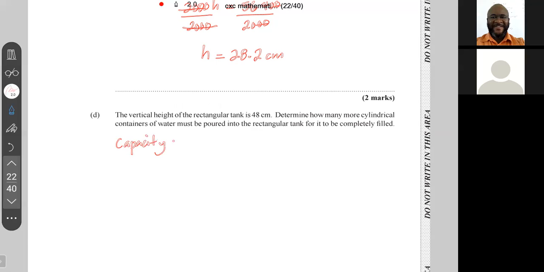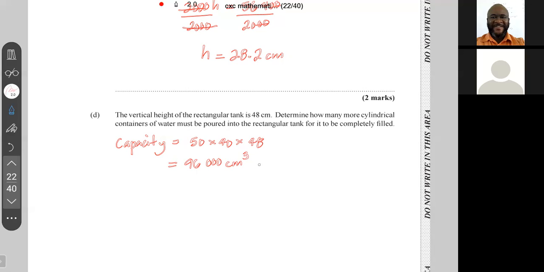The capacity is 50 by 40 by 48, because remember, we're told that the height of the tank is 48. So the capacity is 96,000 centimeters cube. That's the capacity of the tank.